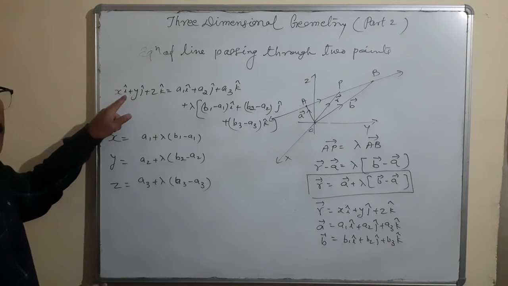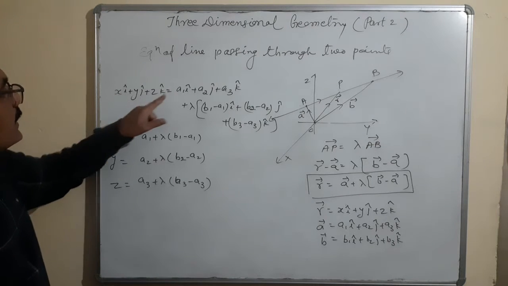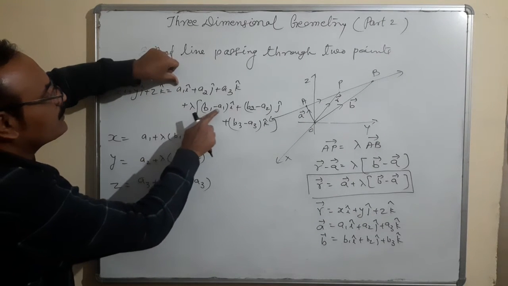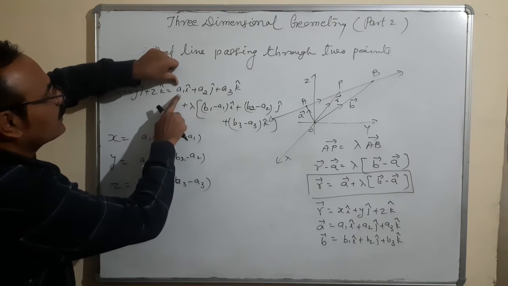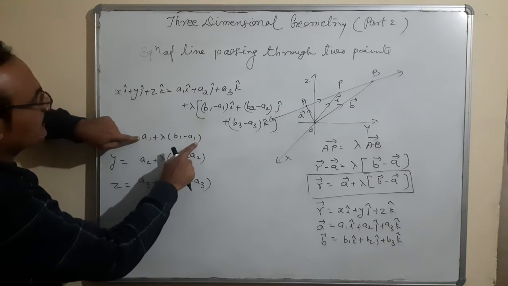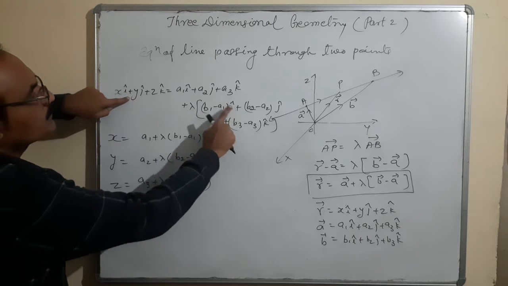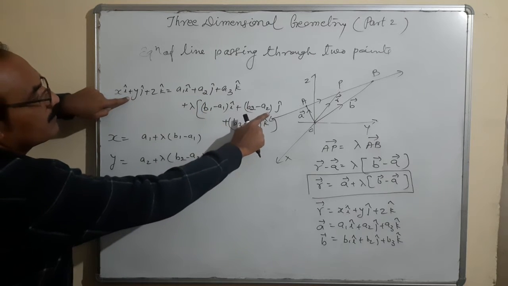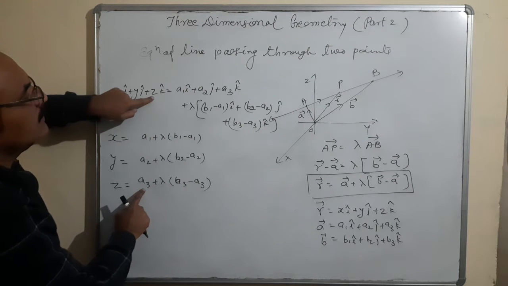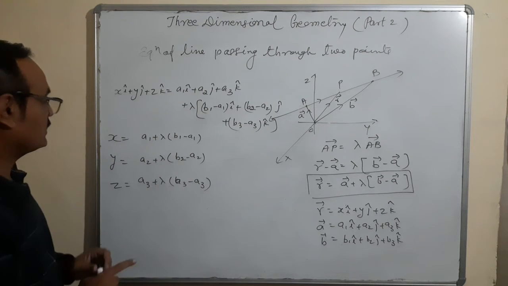See, x, the scalar component of i, here the scalar component I have is a1 plus lambda (b1 minus a1) with i. Same as y is equal to a2 plus lambda (b2 minus a2). And z is equal to a3 plus lambda (b3 minus a3).